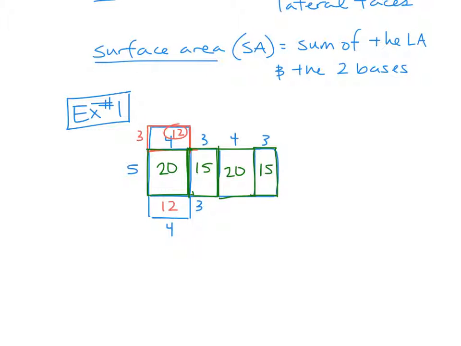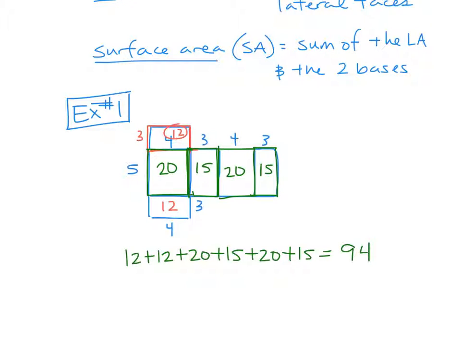So if I want the surface area, what do I have to do with that? Add it all together, right? You're going 12 plus 12 plus 20 plus 15 plus 20 plus 15. Okay, and when you add that all together, you get 94.